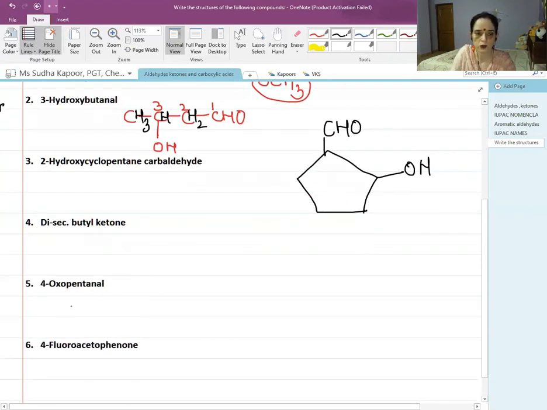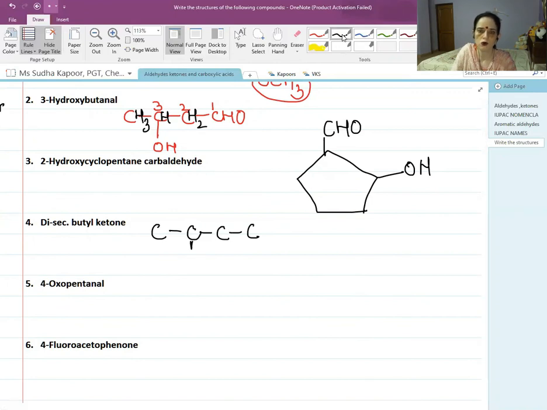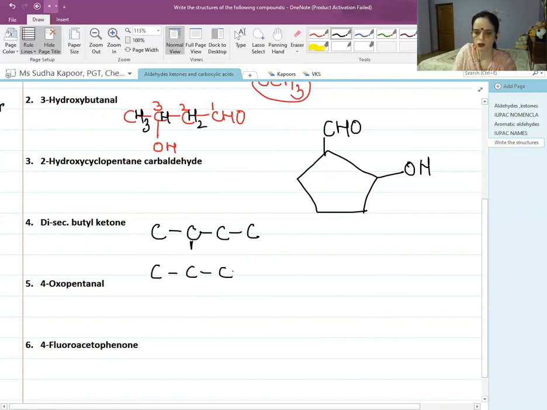Now a very interesting one, di-sec-butyl ketone. So let us draw the di-sec part very simply. Most students have a habit of writing the sec in a particular way, and it does not matter how you write the sec, but the meaning should be completely according to the IUPAC system. The sec-butyl part we have to take twice, di-sec-butyl ketone.